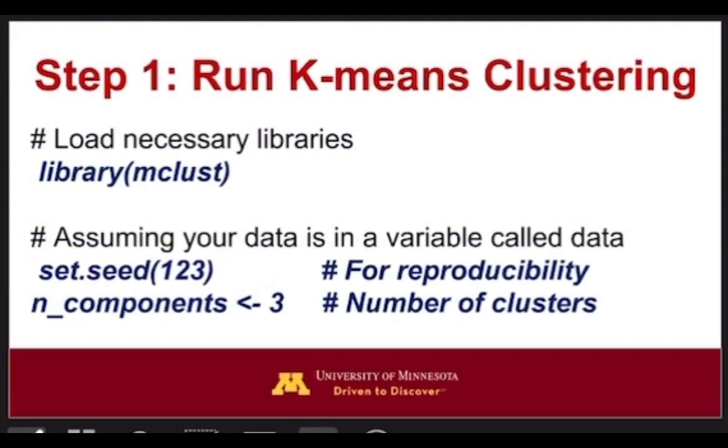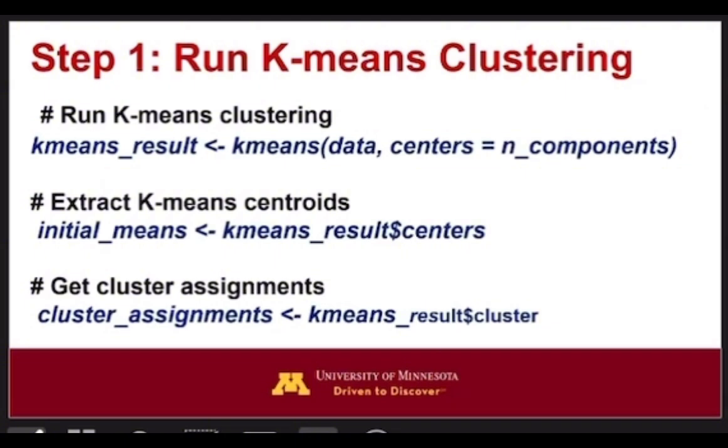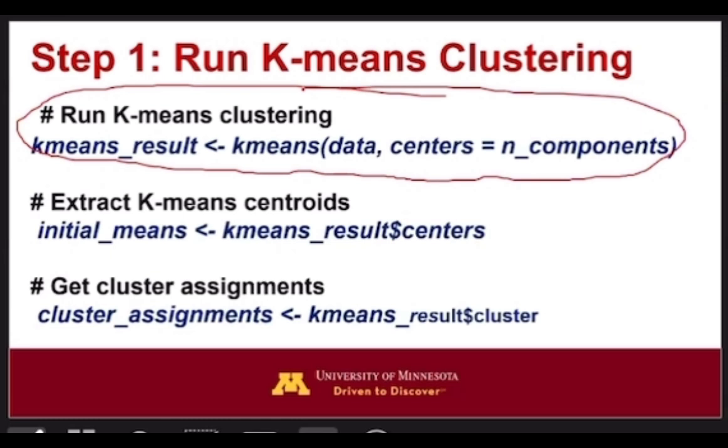First, you do k-means, right? Before you do k-means, don't forget, load your package, set the seed. Now, take a look at this. What do I want to do first? To run k-means. Why am I running k-means? Because I actually want to use the values generated by k-means as the initial starting point for my algorithm in the GMM.